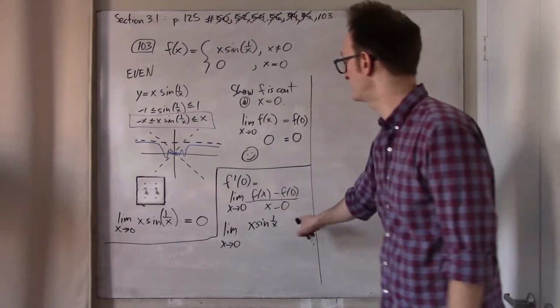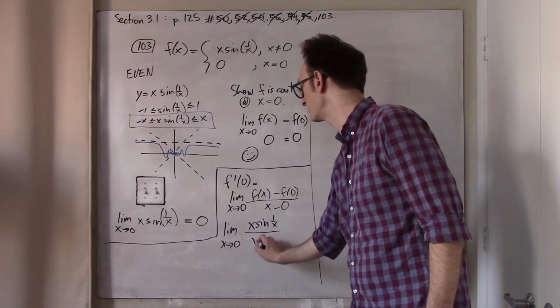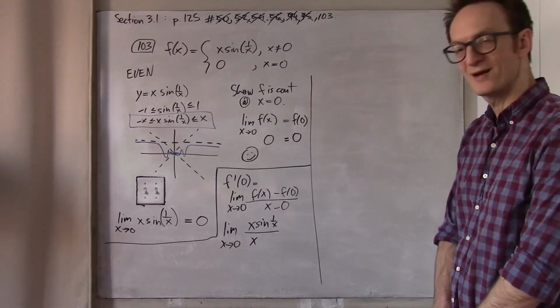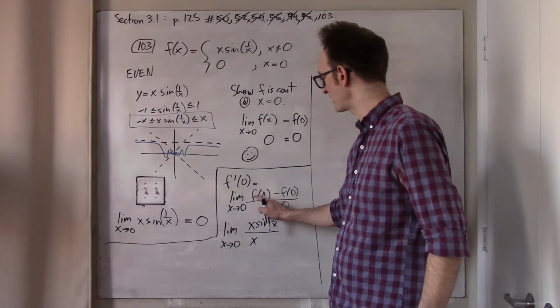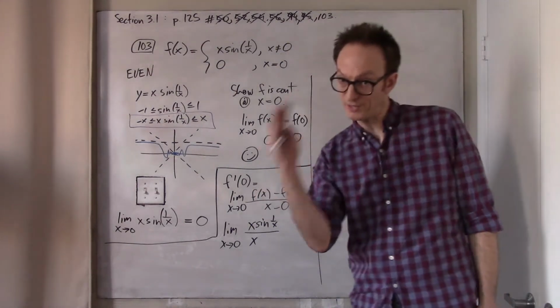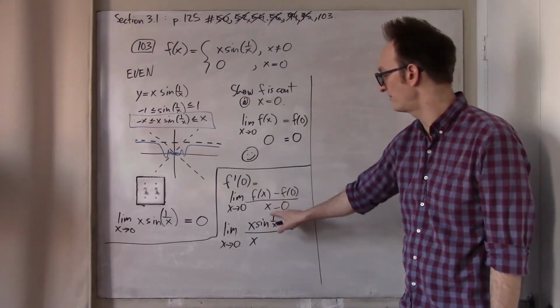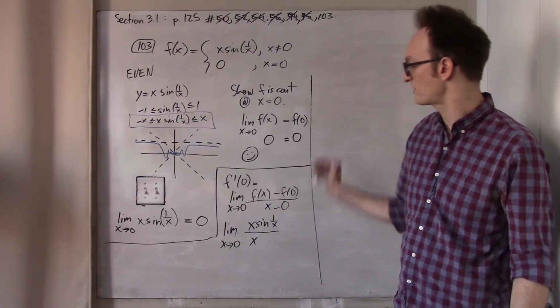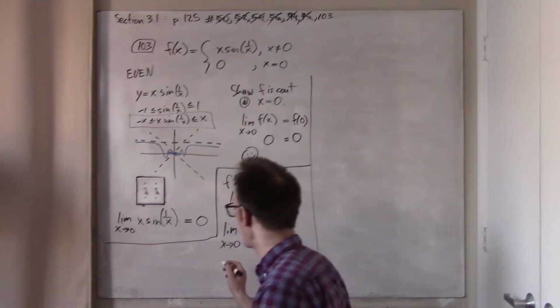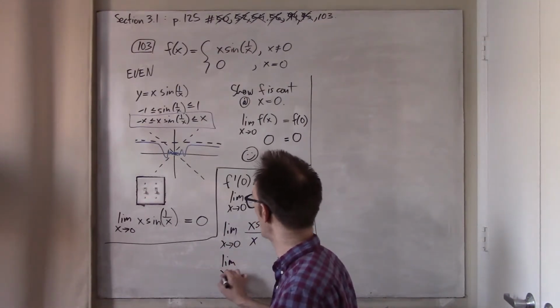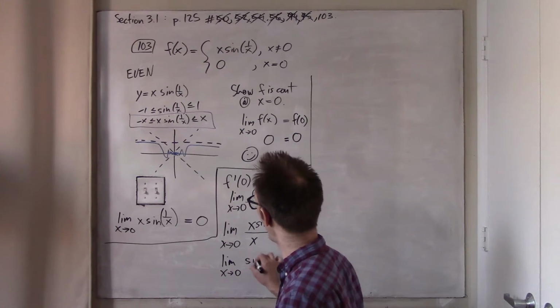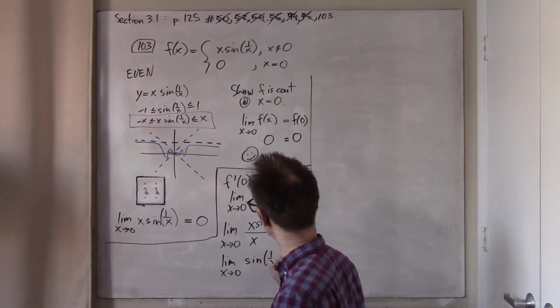And then f of 0 is just 0, and the bottom becomes just x. You sub in all the various things. These are both 0, so they disappear. This divides, and we get the limit as x goes to 0 of sine 1 over x.